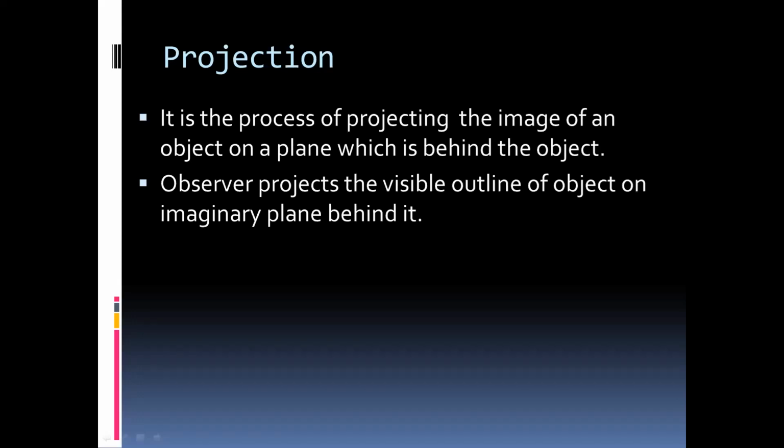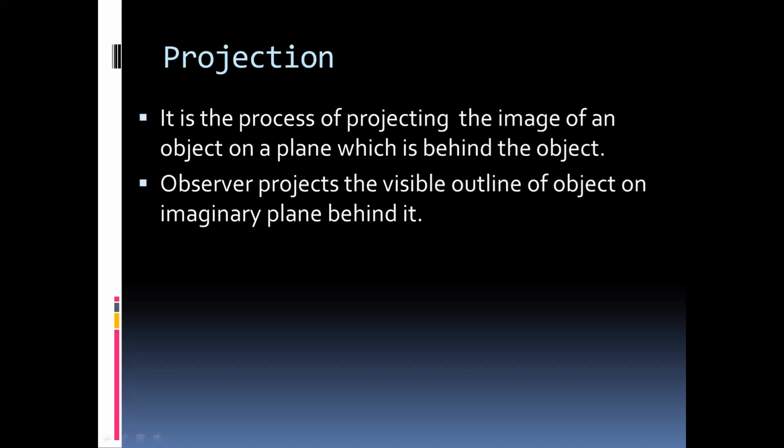So when an engineer prepares a drawing of a three-dimensional object, they assume there is one imaginary plane just behind that object, and they project the visible outlines from their perspective on that plane. This procedure is called a projection.